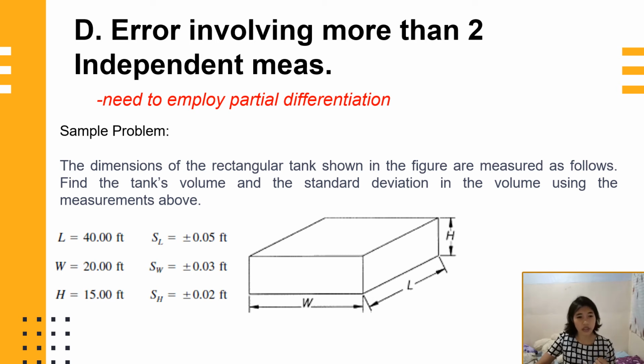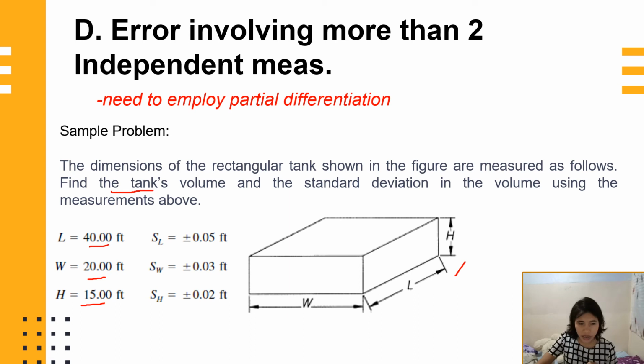So we are going to employ partial differentiation. We have here the sample: the dimensions of the rectangular tank, which you can see in the drawing, are measured as follows. It has a length of 40, a width of 20, and a height of 15. Find the tank's volume.